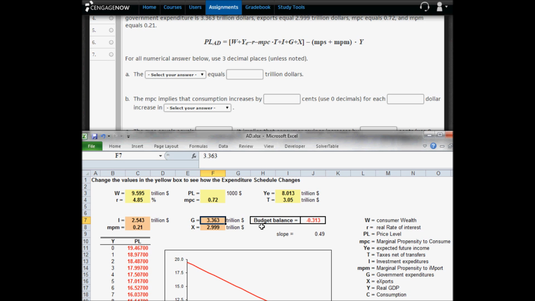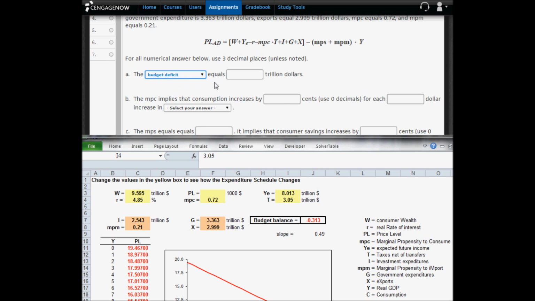Because what our government is spending is more than the government's taking in. So we have a budget deficit. And that budget deficit is $0.313 trillion, or $313 billion. We don't put the negative in there because the negative is the phrase deficit.